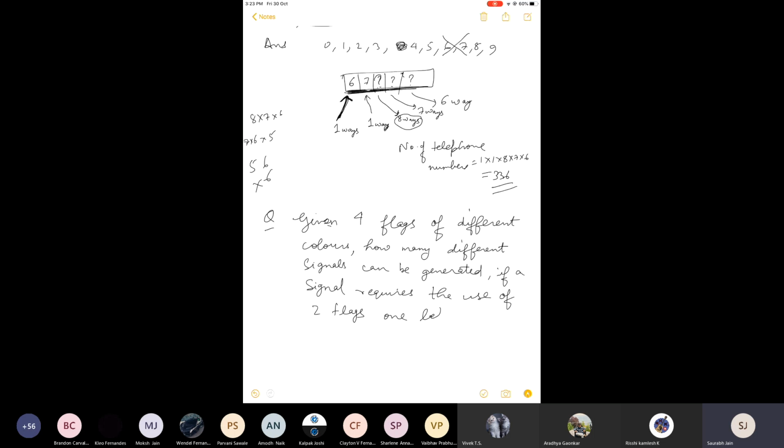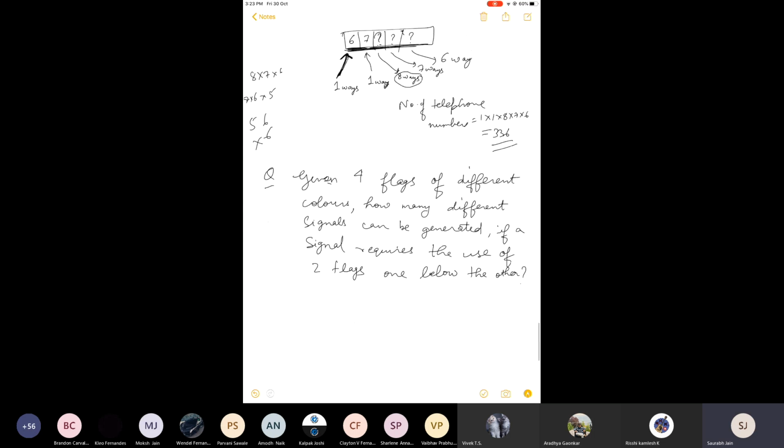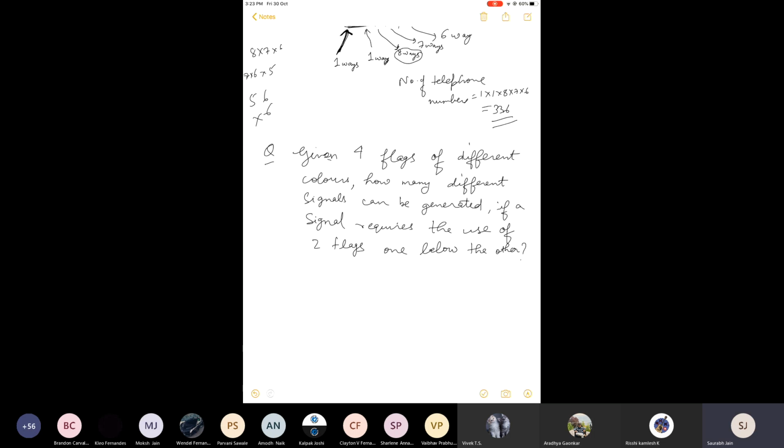See, before you come for the next class, please revise today's class. It will help you understand things in a better way. This is the question. 4 flags of different colors. How many different signals can be generated if a signal requires the use of two flags, one below the other?